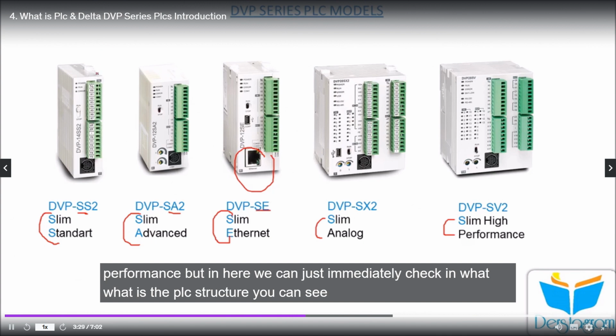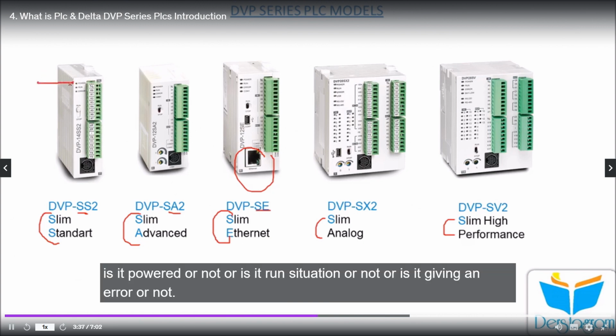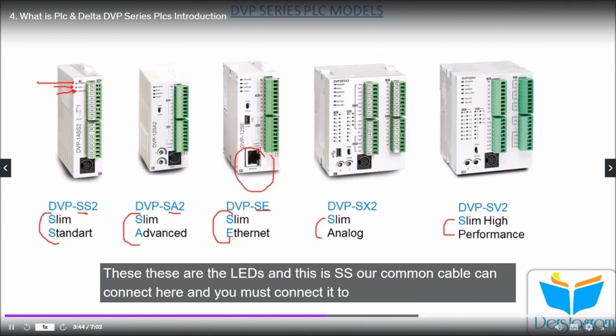But here we can immediately check the PLC structure. You can see it here. Power: is it powered or not? Run situation: is it running or not? Is it giving an error or not? These are the LEDs, and this is SS, where our common cable must connect.